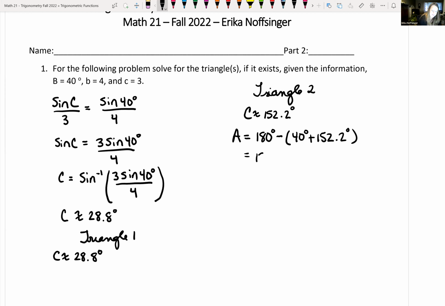Right now I can see I'm going to get a contradiction. I have 180 degrees minus 192.2 degrees. This is less than 0. So a triangle can't have a negative angle. And so the second triangle does not exist.